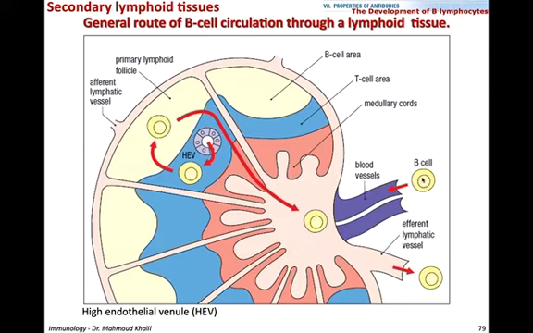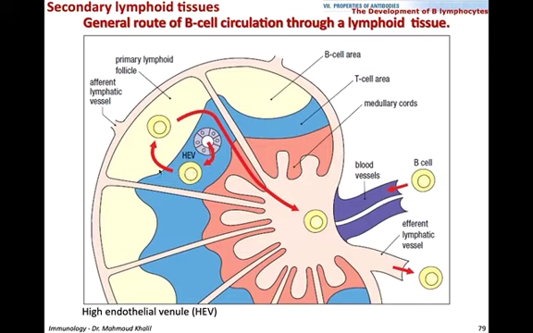You can see the B cells enter the lymph node, generally through the blood vessels, and from the high endothelial venule, they can reach the T cell area, and then move to the B cell area, of course, upon finding the antigen, and we'll talk in detail in the coming lecture how this occurs, and even in the coming slides.